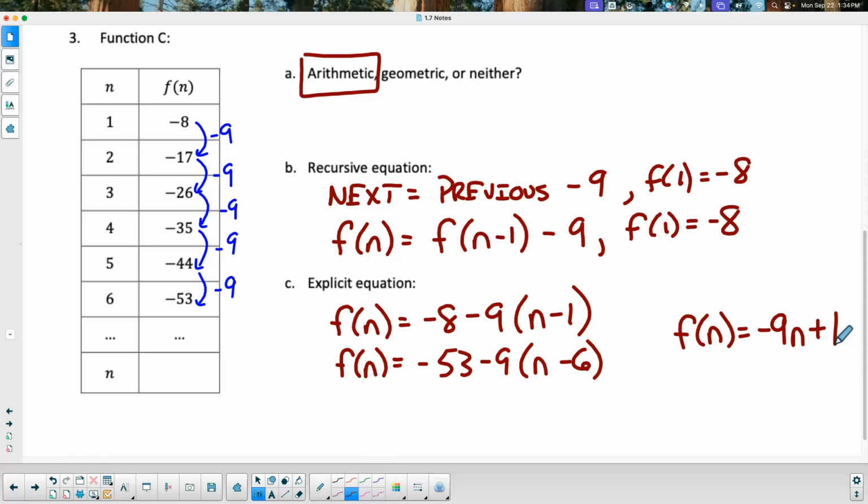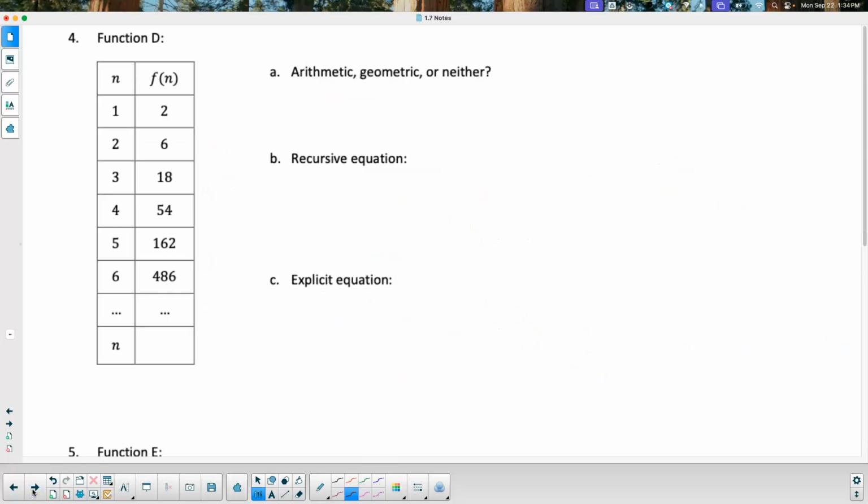Okay. Good. Function D, checking, just quick glance at it, do I even need to check addition? Because it jumps from 6 to 18, right? That big of a jump without having a big jump at the beginning, don't even need to check addition.